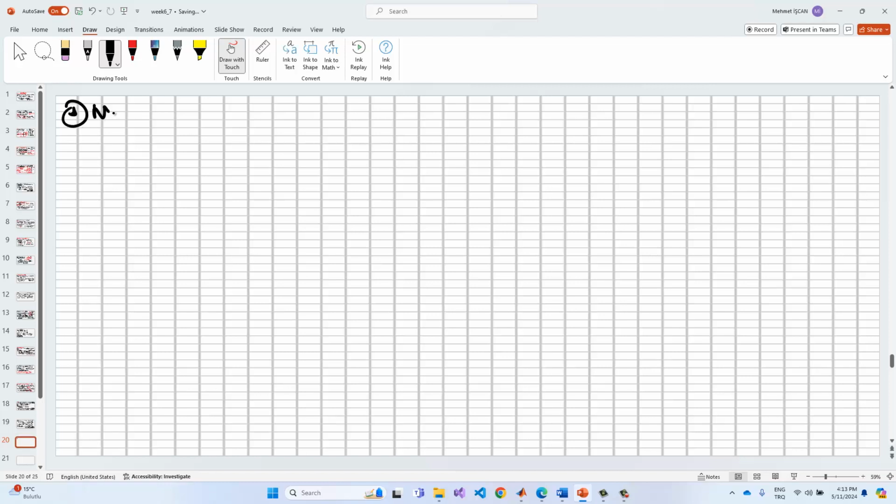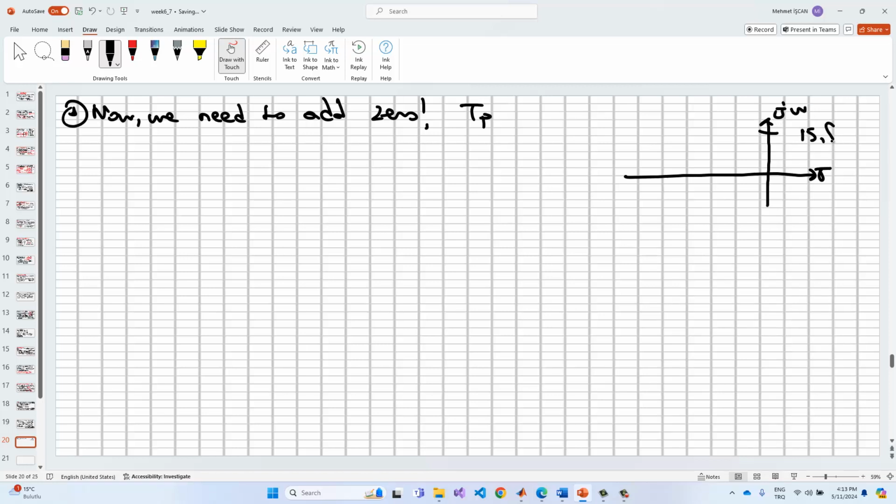We need to add a zero, right? The TP must be changed in here. And so if I draw the root locus in here, just like this one, j omega, and so this is the 15.78, and also our new transient response pole must be given in here.